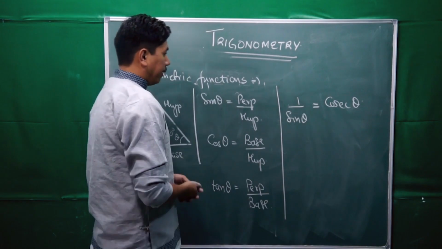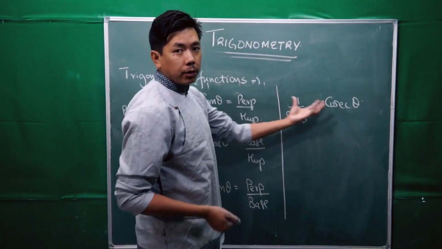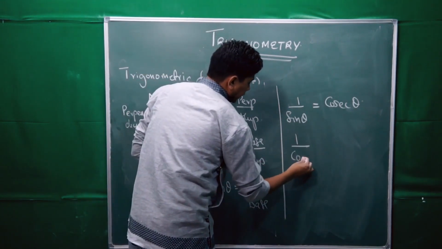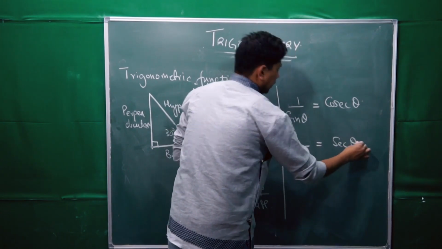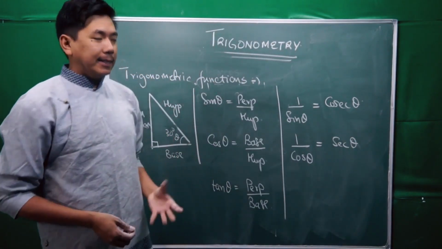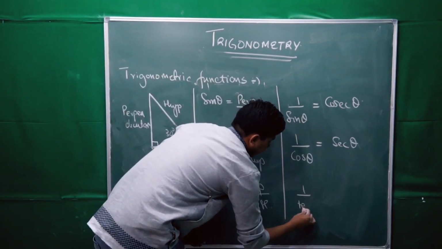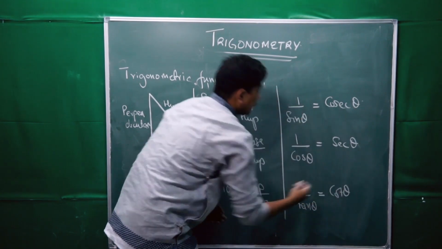The name actually is cosecant, but we write it in short form as cosec. Next, similarly for cos theta's reciprocal, we have secant, or in short form we write it as sec theta. Likewise for tan theta, it would be cot theta.